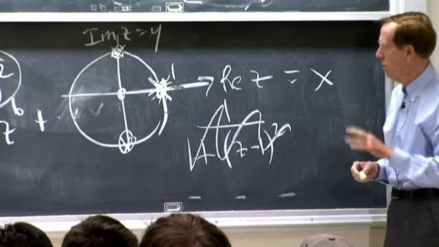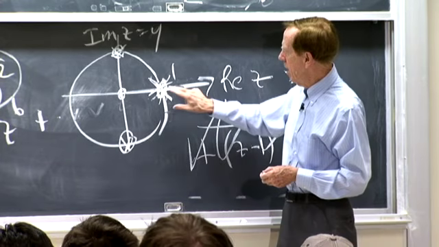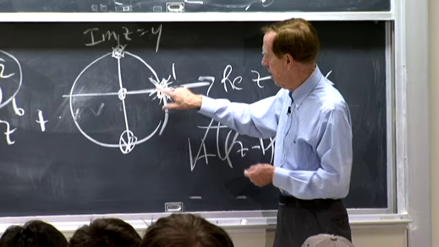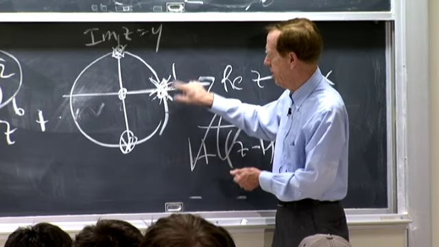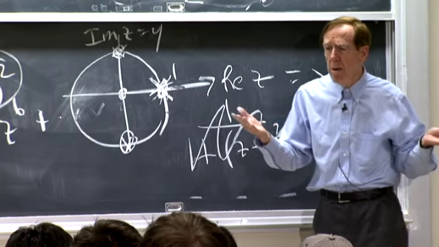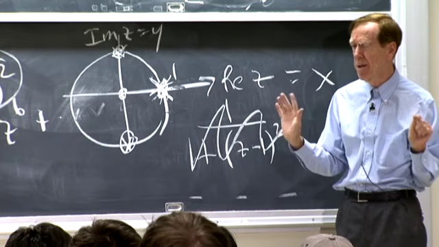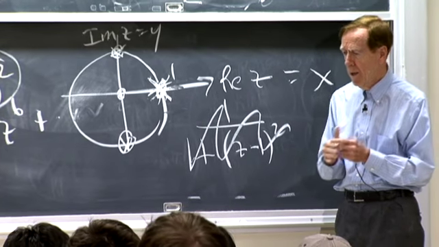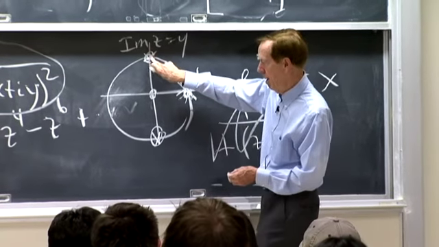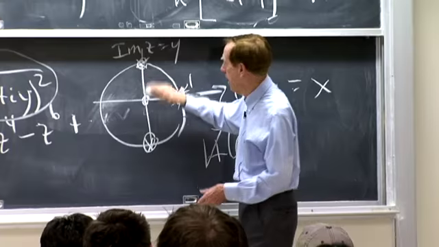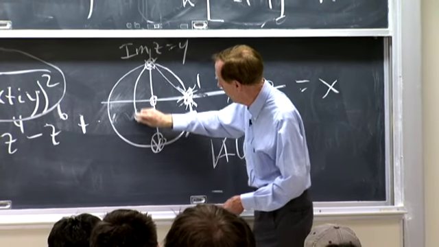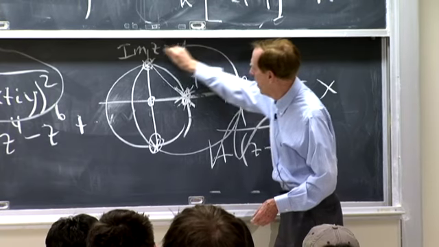If I wrote a power series in powers of z minus 1, what circle would it work in? The circle would reach out until it hit a pole, and it can't make it past that pole. So it would be a circle of radius square root of 2.